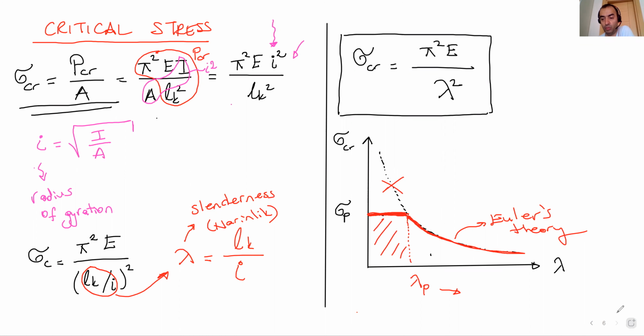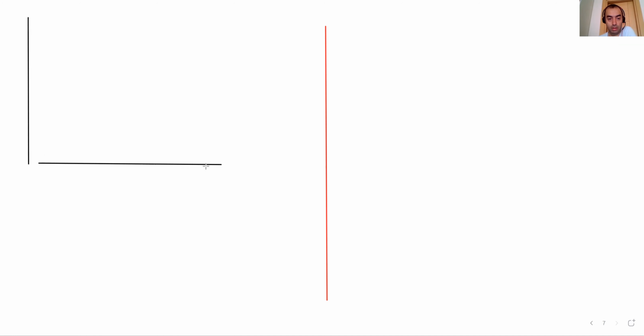So let's draw one more sketch to explain it again. Again, the vertical one is sigma critical.